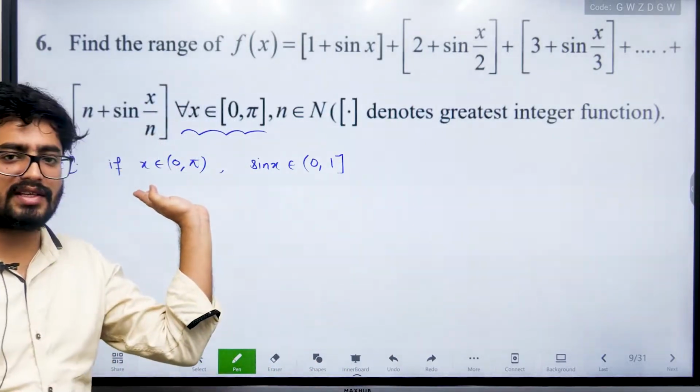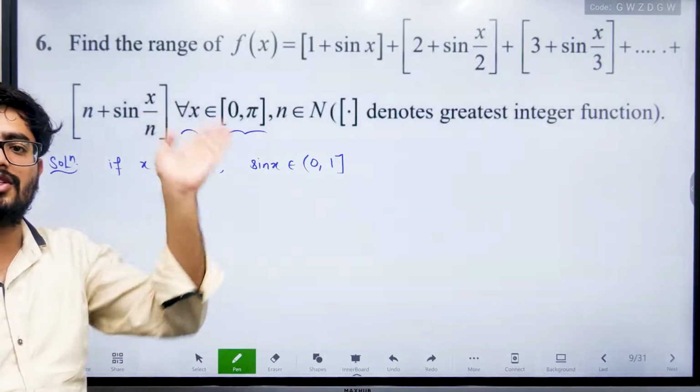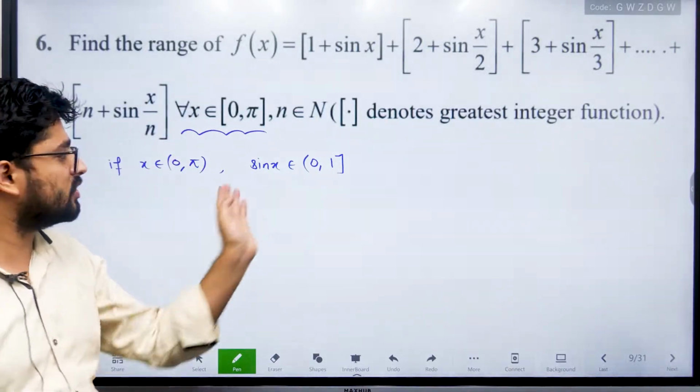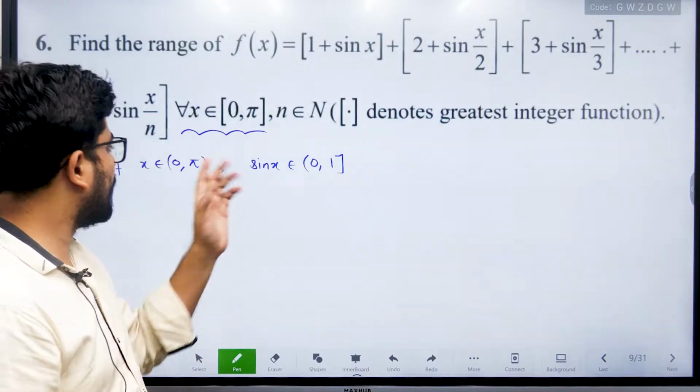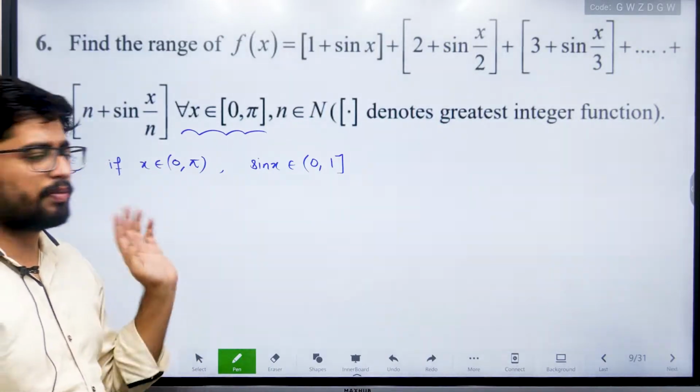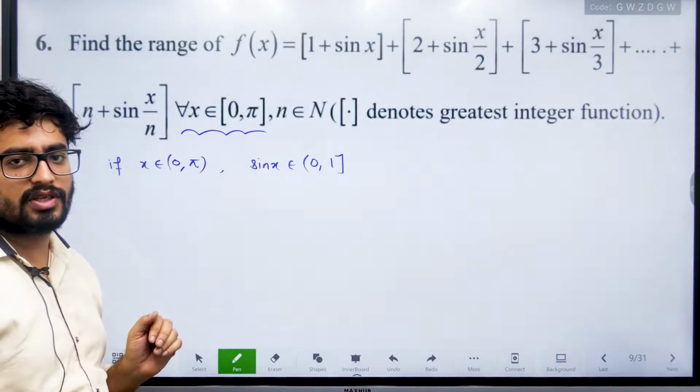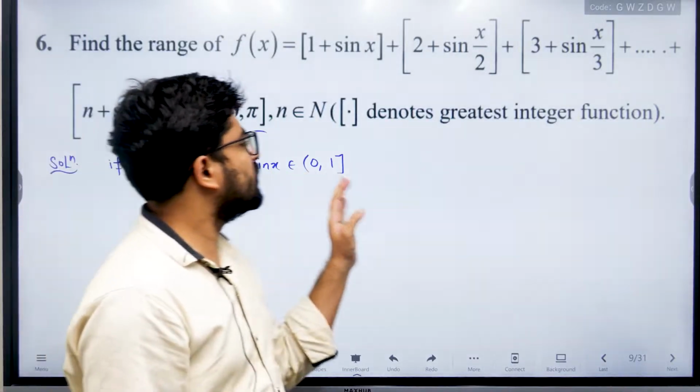And sin x is positive in your first and second quadrant, that's why 0 to 1. We cannot take 0 because sin is 0 at 0 and pi, and we are not taking these points in my given interval.